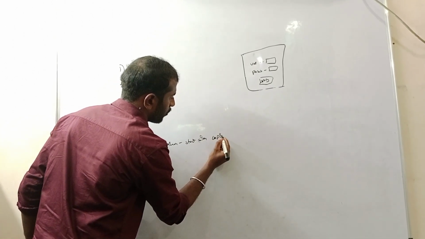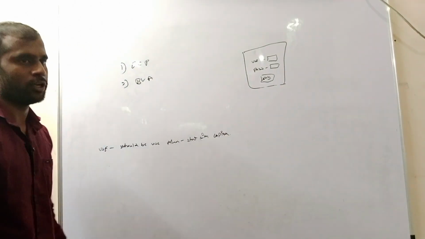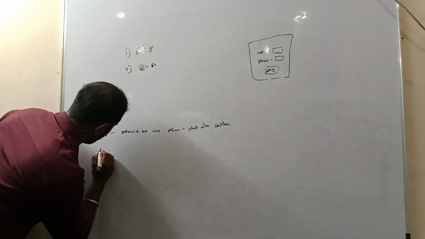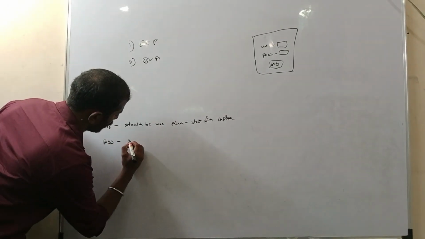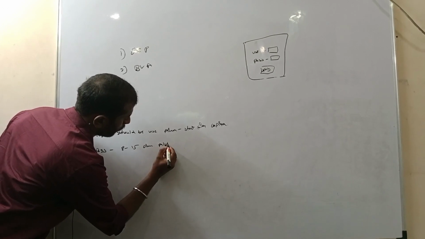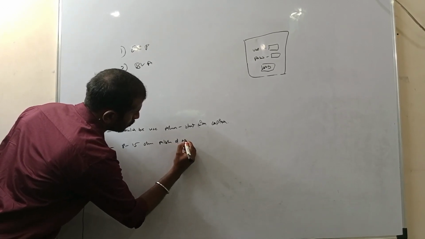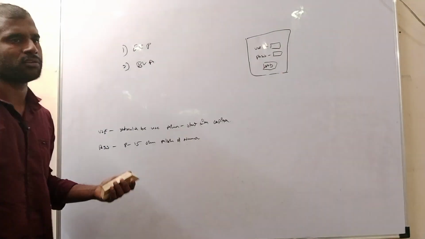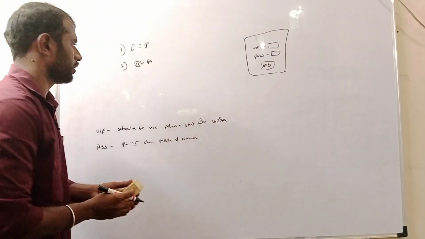There won't be any range here. No, sir, we didn't use any range for the username. But for the password we use a range, sir. Password is 8 to 15 characters, alphabets and numerals also, sir. We don't use any special characters like the at-the-rate symbol.